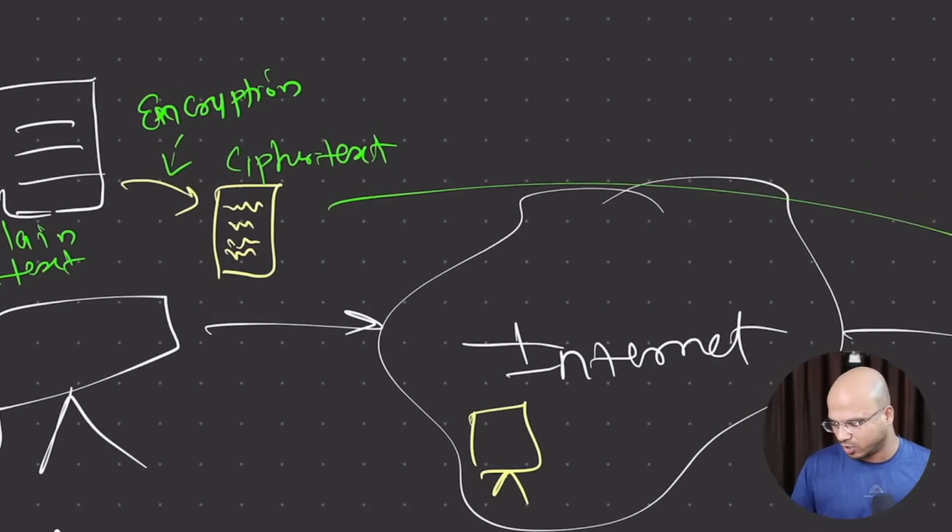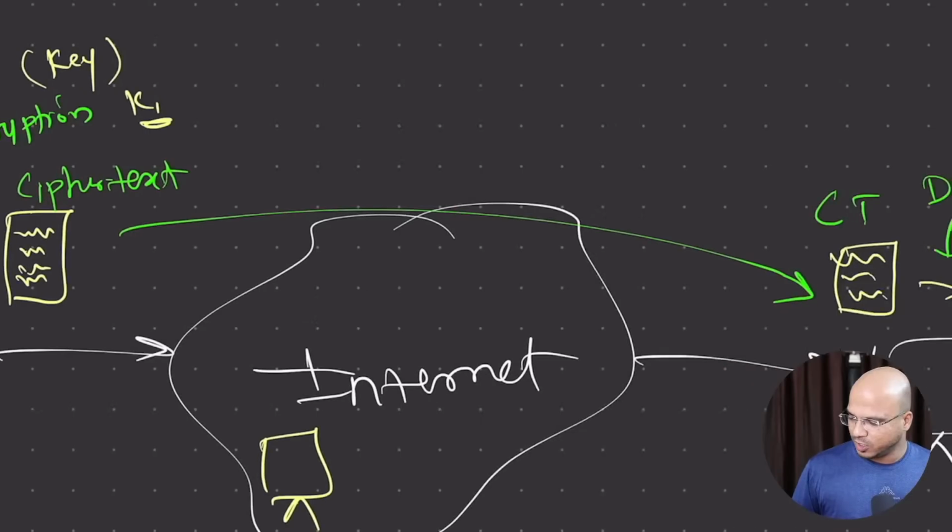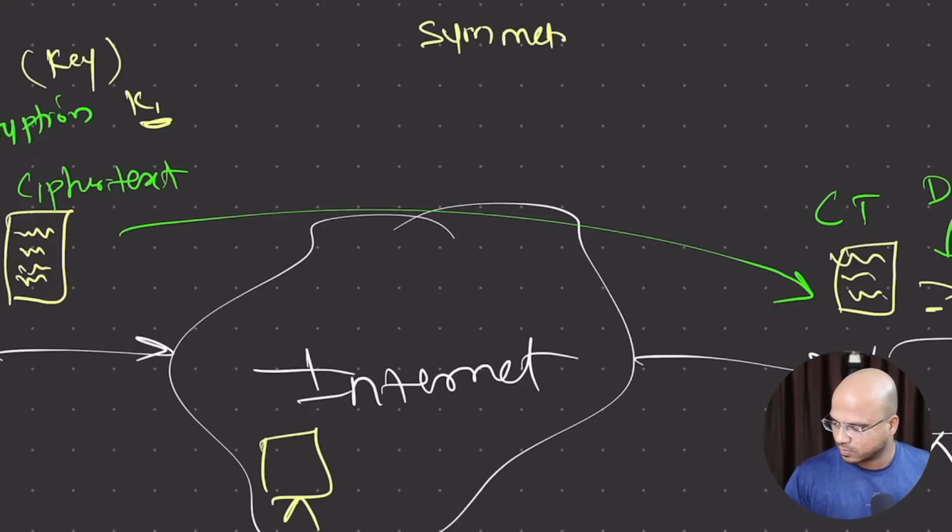When you do encryption, we need to use a key. This key can be the same: let's say I use a key K1, the same key will be used for the encryption, and the same key will be used for the decryption. We call it symmetric key cryptography because we are using the same key.